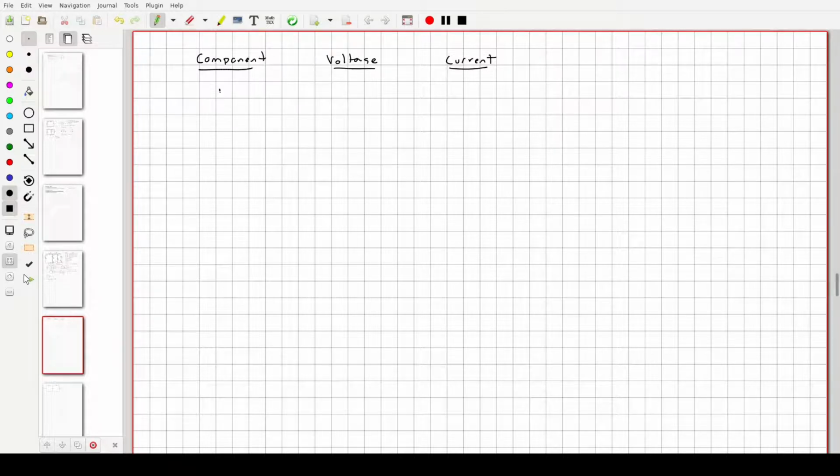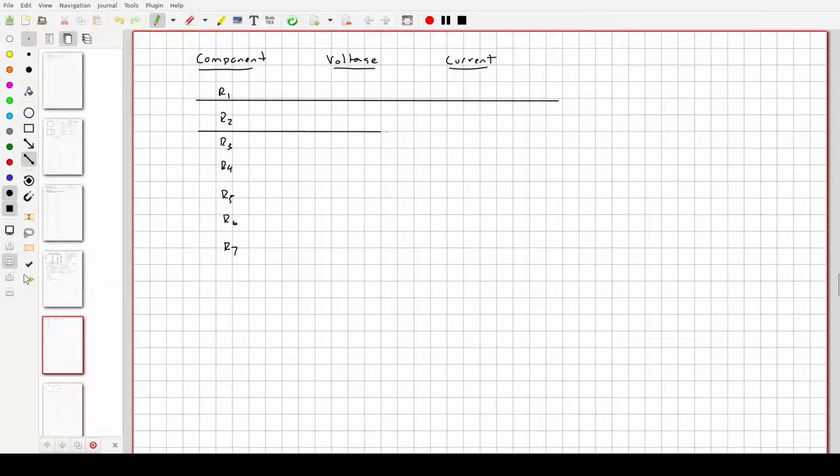Now our components are R1, R2, R3, R4, R5, R6, and R7. So let me draw some lines here to separate this. And many people, when they do this, print worksheets.